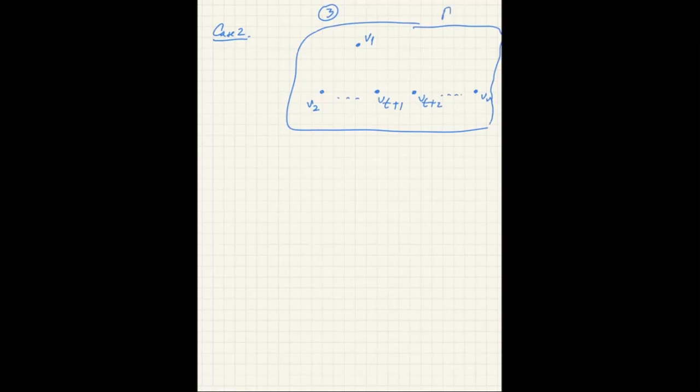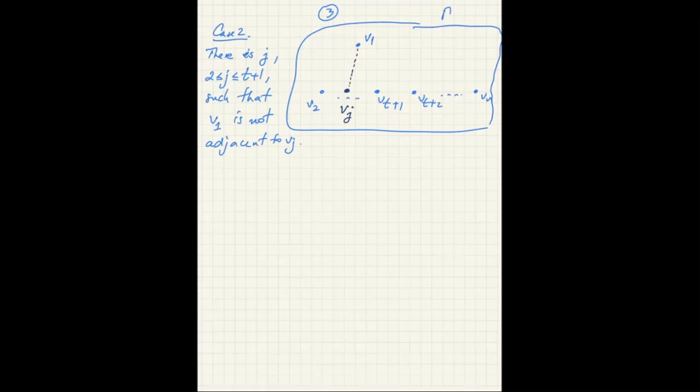So in case 2, there is j, with j between 2 and t plus 1, such that v1 is not adjacent to vj. It's exactly the complement of the previous situation. So you have some vertex vj here, where I draw the non-edge as a dotted line.